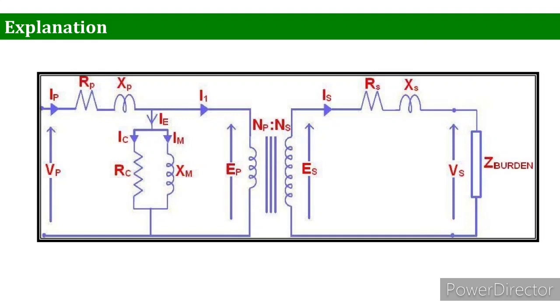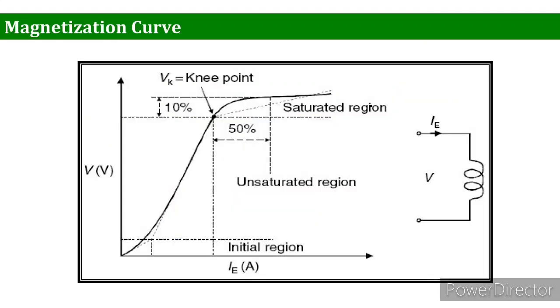The amount of exciting current drawn by a CT depends upon the core material and the amount of flux that must be developed in the core to satisfy the output requirements of the CT. That is obviously to develop the sufficient driving voltage required for pushing the secondary current through its connected load or burden.